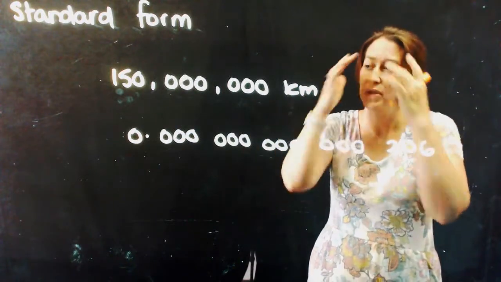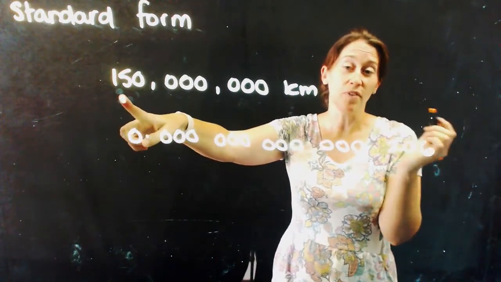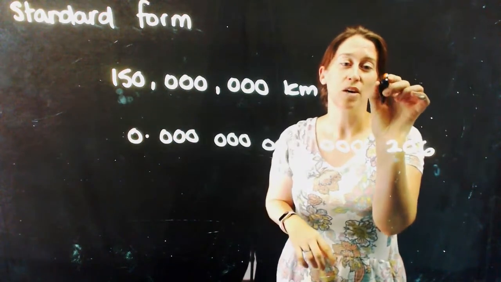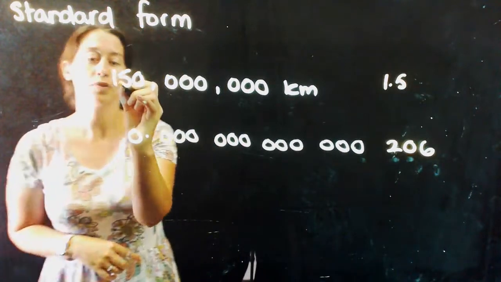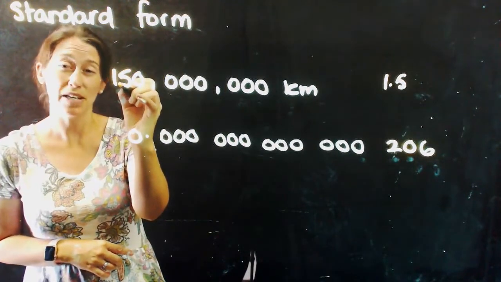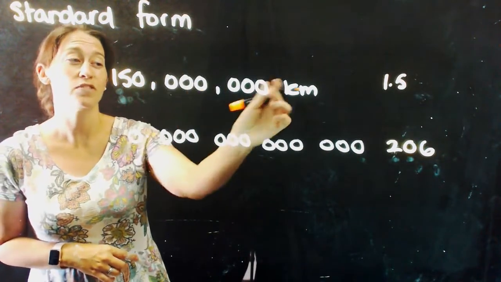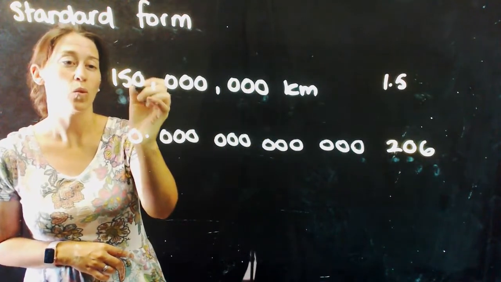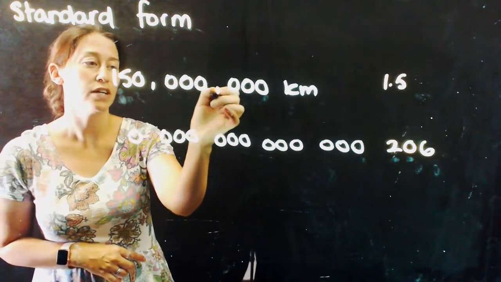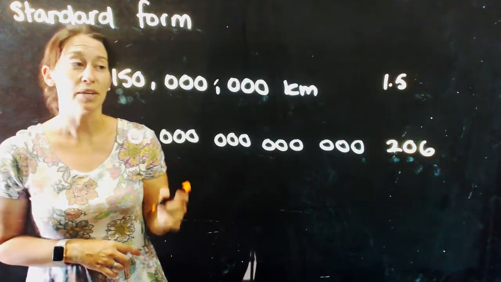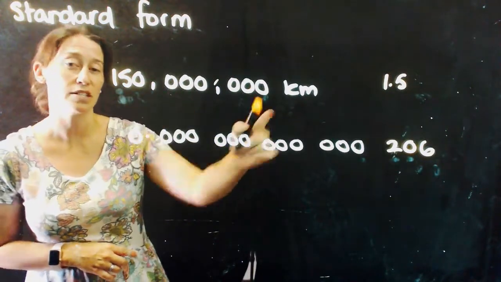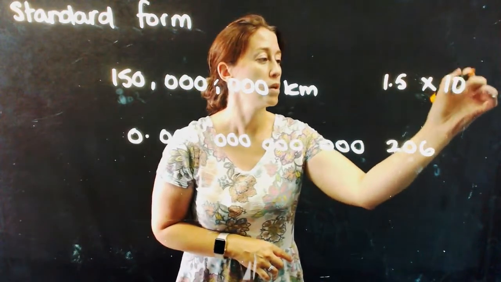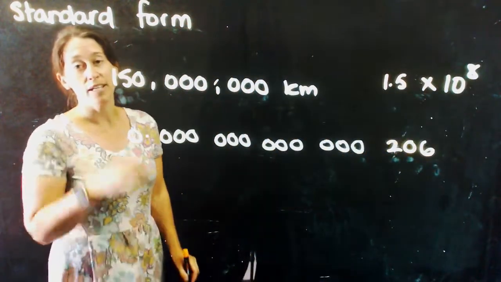So 1 and 5 are my significant figures, so I'm going to make that 1.5. Now, the decimal point would normally be here for 1.5, and all I've got to do is count how many places the decimal has to move till I get to the end of the number. So I've got 1, 2, 3, 4, 5, 6, 7, 8. That means that 1.5 can be multiplied by 10 to the power 8 to give me this large number. So that is now written in standard form.